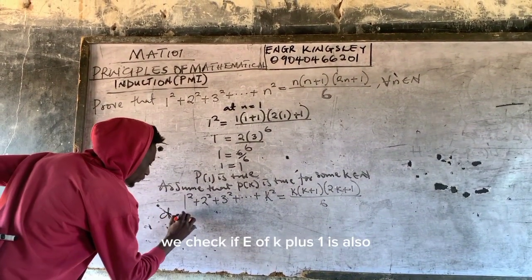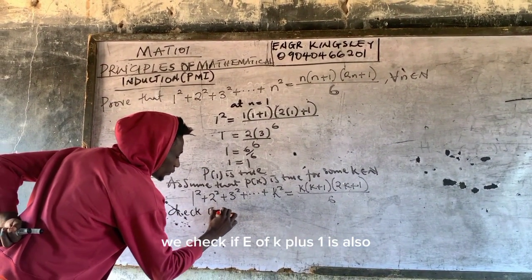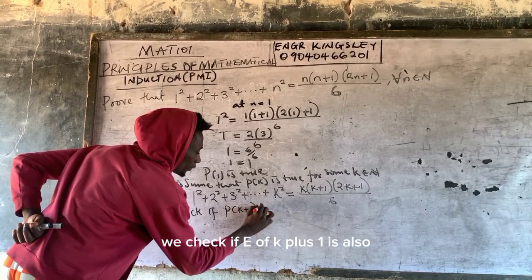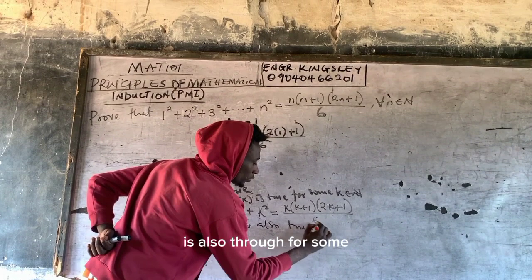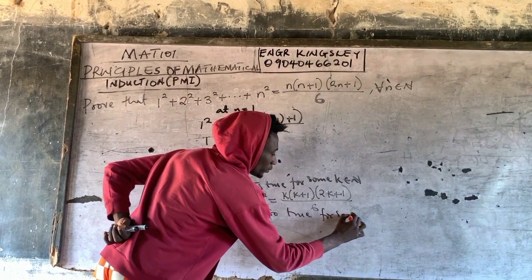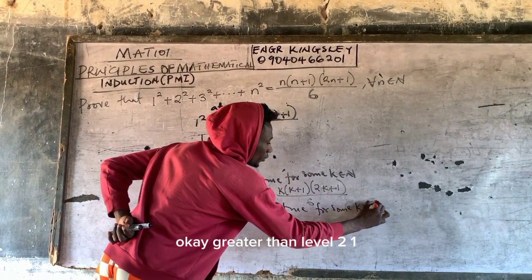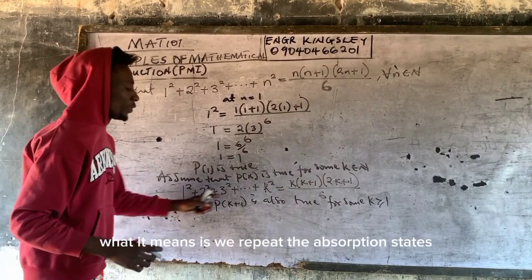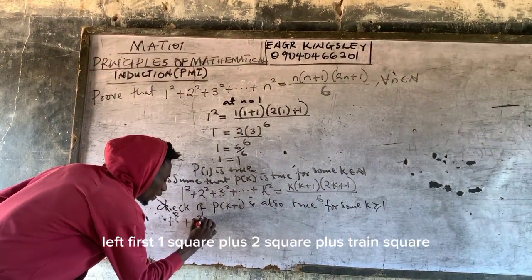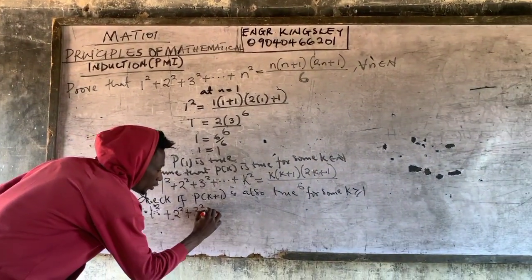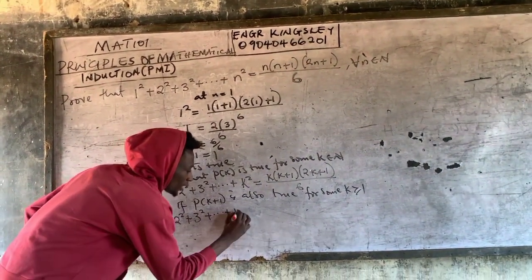We check if P of k plus 1 is also true for some k greater than or equal to 1. What it means is we repeat the assumption state to the left first. 1 squared plus 2 squared plus 3 squared plus dot dot dot plus k squared.